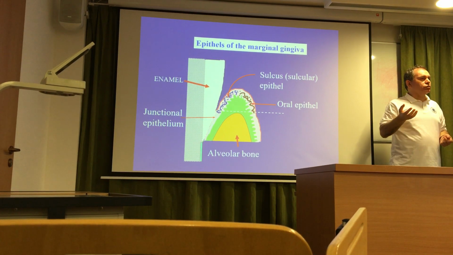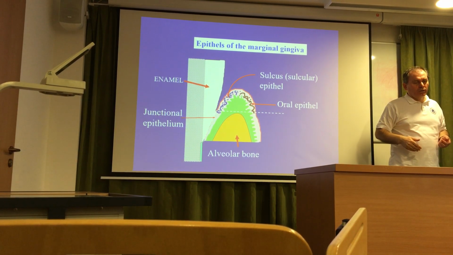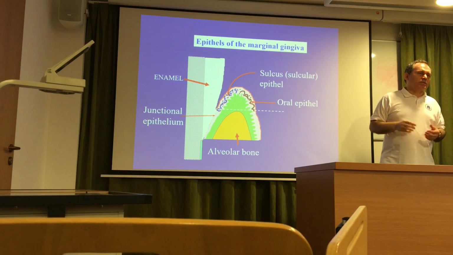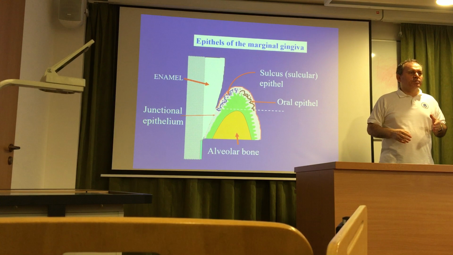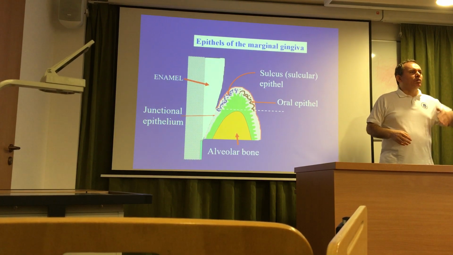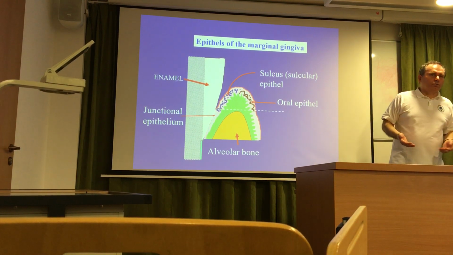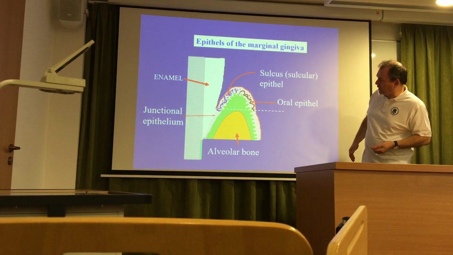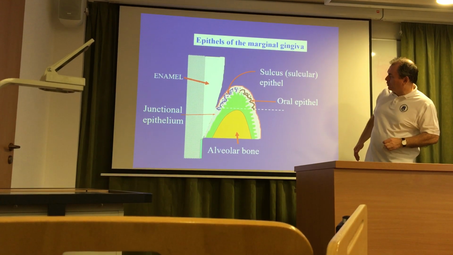The traditional scaling, the normal dentist's work, is effective when the pocket is less than 6 millimeters. But when you have a pocket depth of more than 6 millimeters, you have to refer the patient to a periodontologist to treat and to consider surgical intervention, sometimes with bone augmentation, of course.